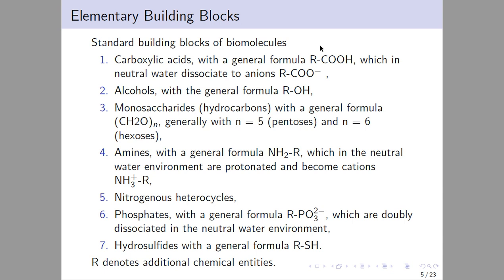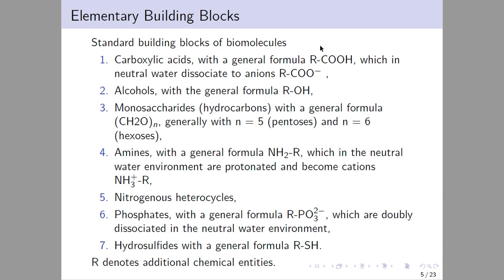Then we have alcohol with the general formula ROH, and then monosaccharide or carbohydrate, with a general formula CH2O n, meaning it repeats again and again. Generally n equal to 5 is pentose and n equal to 6 is hexose.